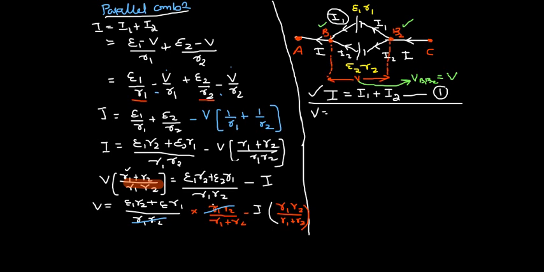Therefore I am left with only E1 R2 plus E2 R1 whole divided by R1 plus R2, minus R1 R2 whole divided by R1 plus R2. Now this is the equation we are obtaining.